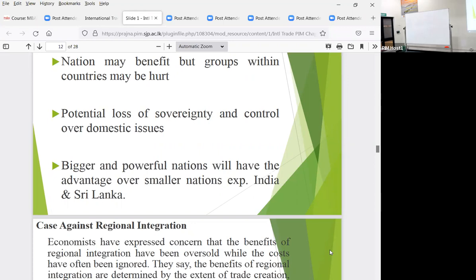So the trade is created. Okay. So if the trade is created, again, the regional integration is a success. FTAs are a success. Trade is created. So more creation of trade means more income to somebody and more development, more employment, and so on.